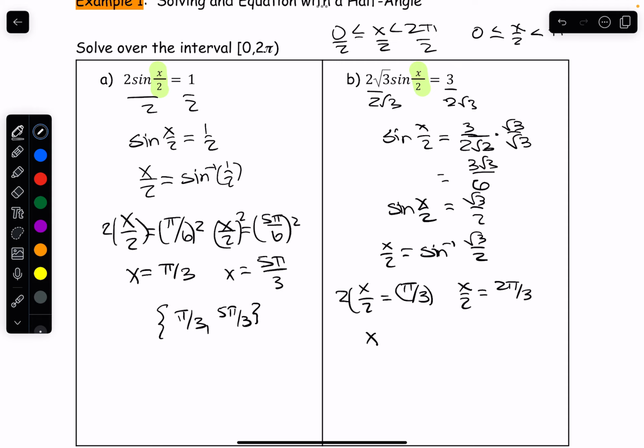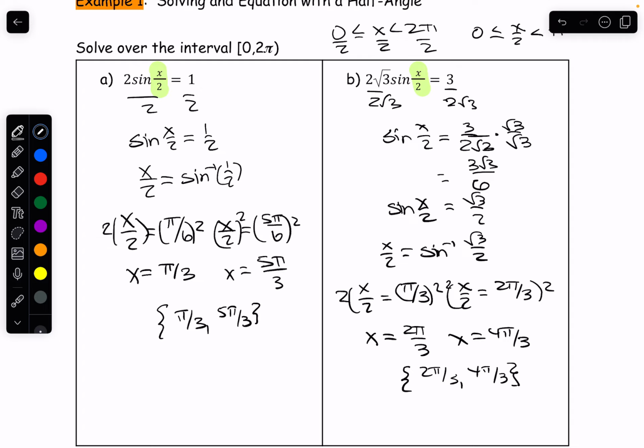Again, we can multiply both sides by 2, and we get the answers of 2 pi over 3 and 4 pi over 3 as our two x's.